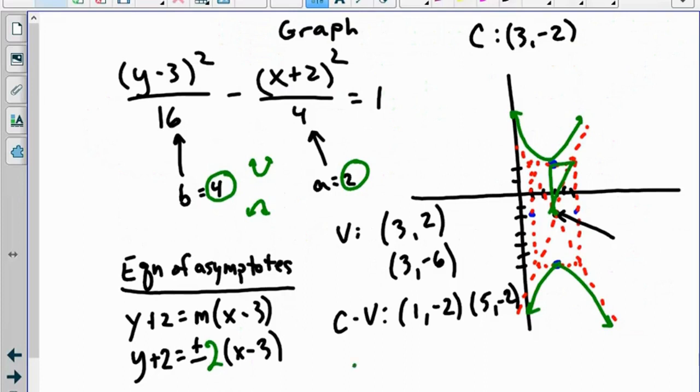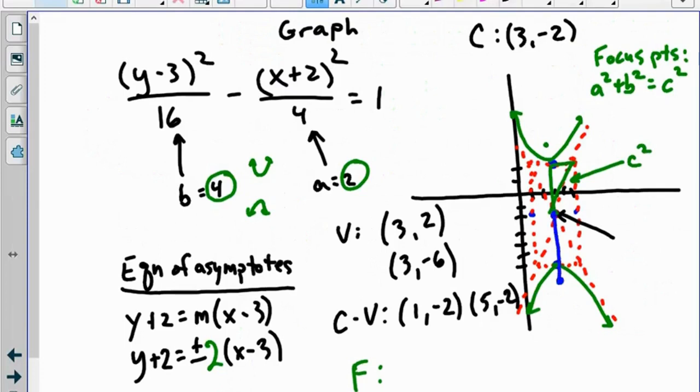Finally, we're going to be asked to find where the focus points are. Focus points are always in the direction of the opening, and they're on the outside of the box. And I already drew what we can use to find the focus points. In order to find focus points, we use the Pythagorean theorem. And since the focus is on the outside, our distance from the center to the focus is actually equivalent to this half of the diagonal that we have drawn.